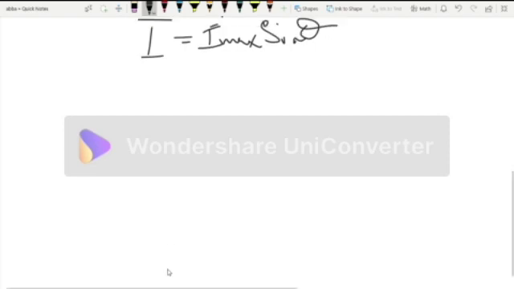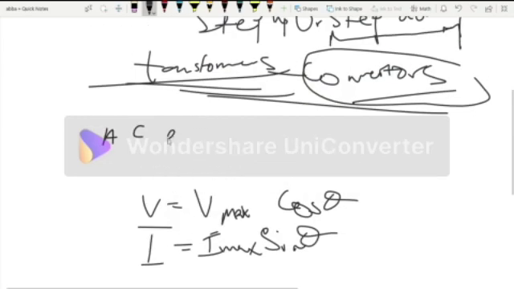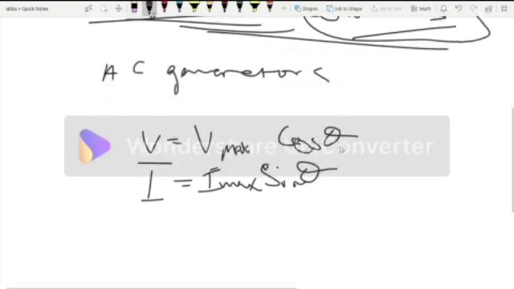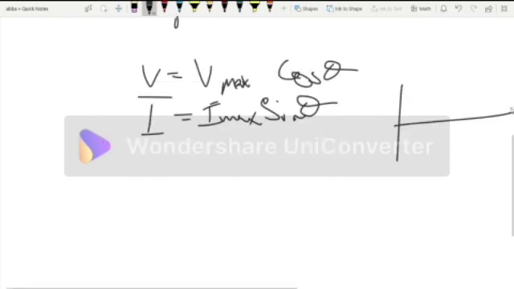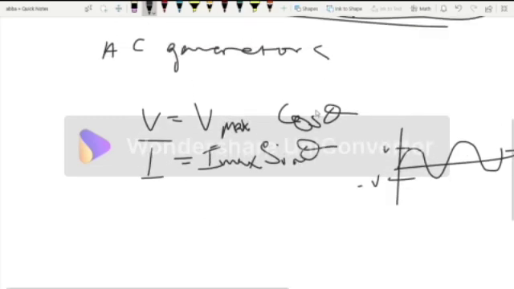Remember that for AC generators, your graph is going to take this form here. This is going to be your V and this is going to be a negative V, right? Now remember that the coil is turning, so you're going to use theta, the angle to which it is turning.